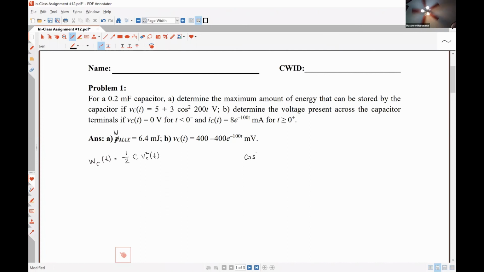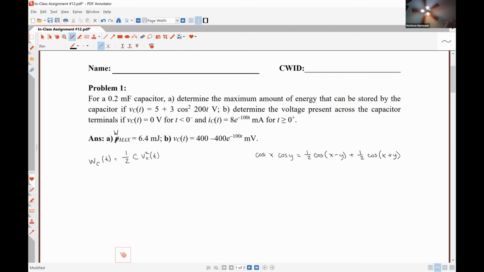So cosine squared of x is equal to 1/2 cosine x plus, sorry, that's not right. Cosine x cosine y is equal to 1/2 cosine of x minus y plus 1/2 cosine of x plus y.